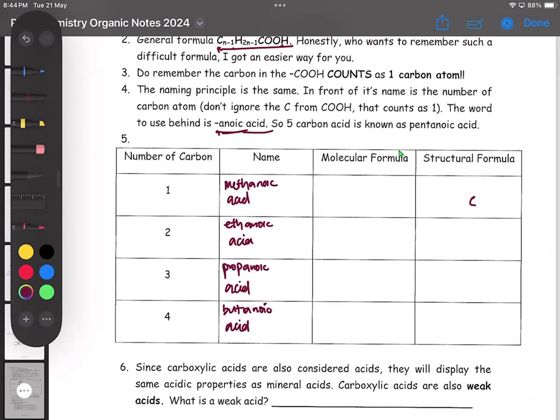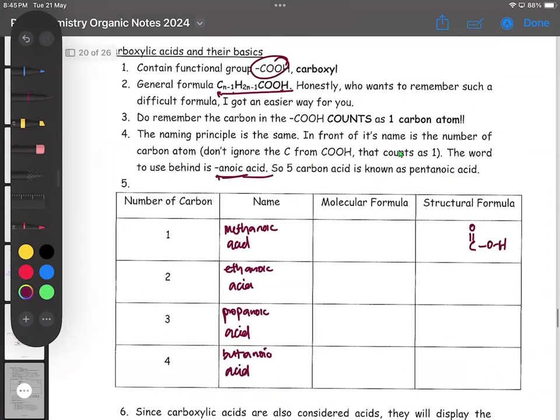Okay, so to get the formula, normally I'll draw the structure first. No matter what number of carbon atoms, I always begin with the structural formula. This is your COOH. It looks like this. We have done this on the first page of the notes, just a recall.